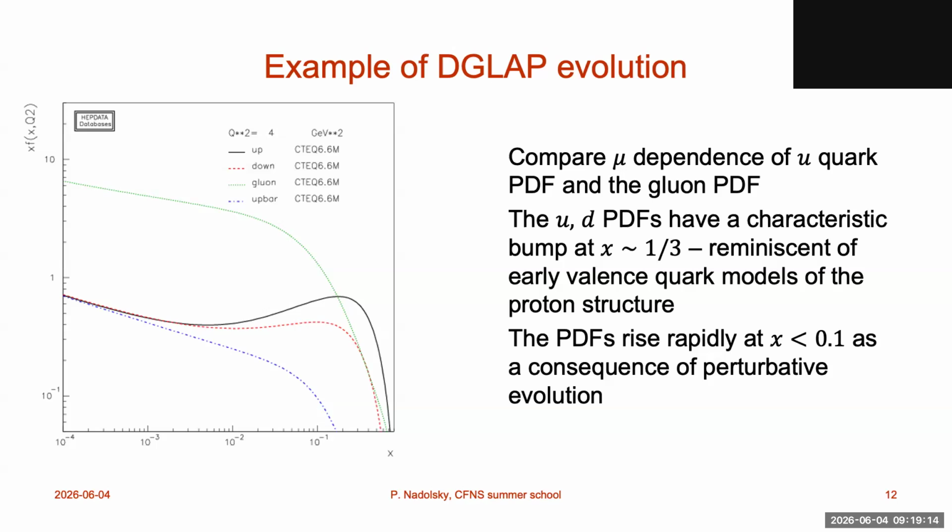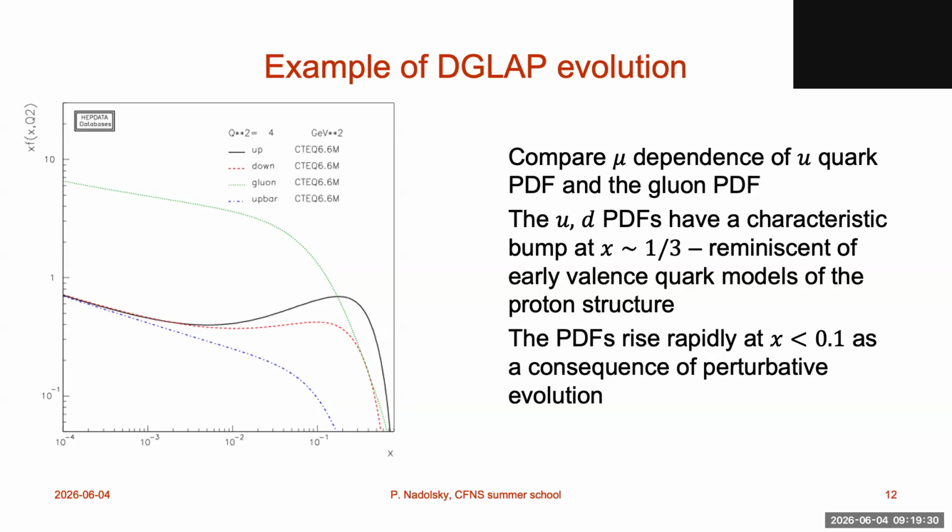Okay, so now one thing that you will immediately see is that the PDFs for u quarks and d quarks in the proton peak at an x of about 1/3.